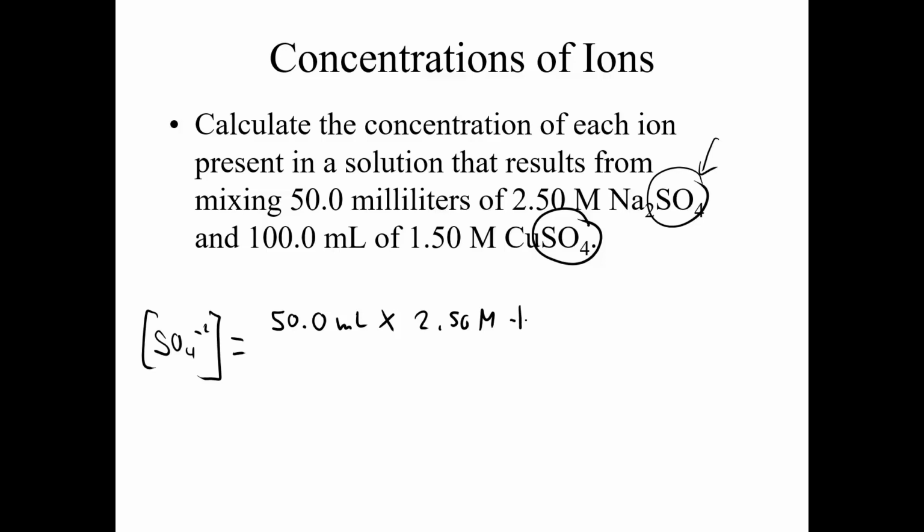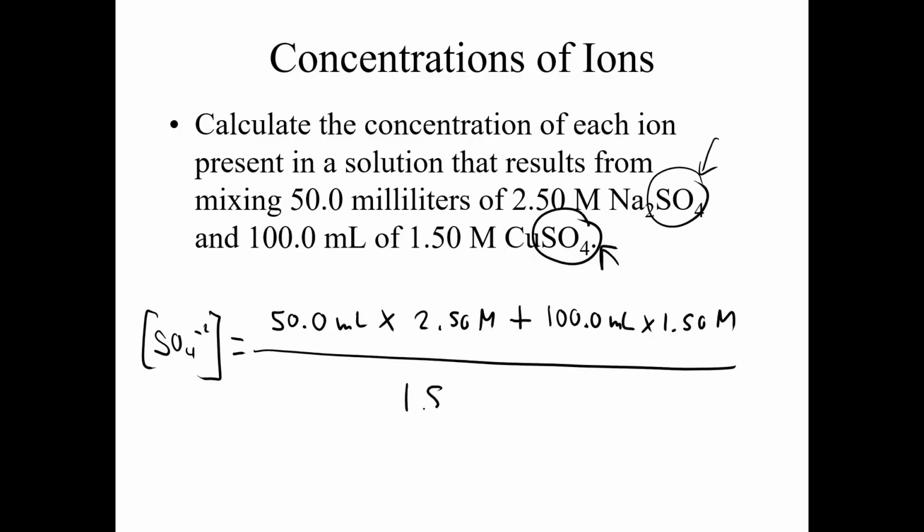Then it's additive, right? That's going to be millimoles. And then I add that to the 100.0 milliliters times 1.50 M of copper sulfate, also one sulfate per solution, and then simply dividing by 150 milliliters of total solution, and that gives me a molarity of 1.83 M. That would be the molarity of sulfate.